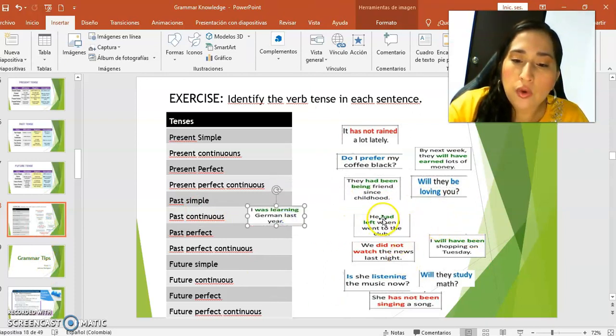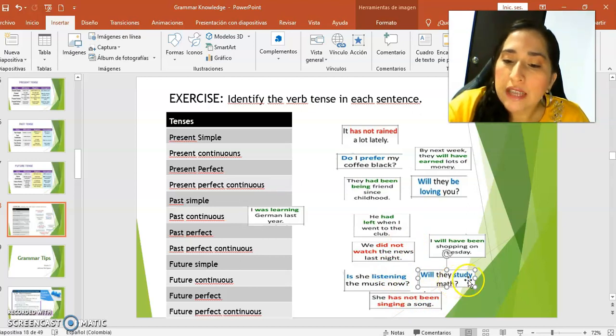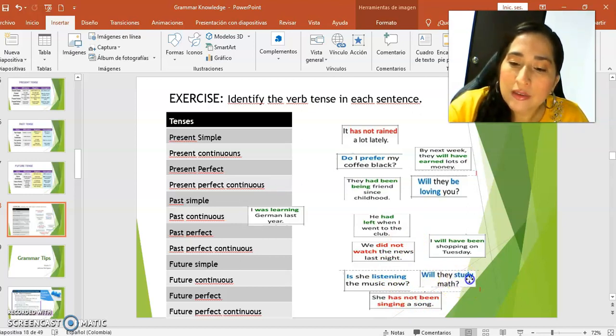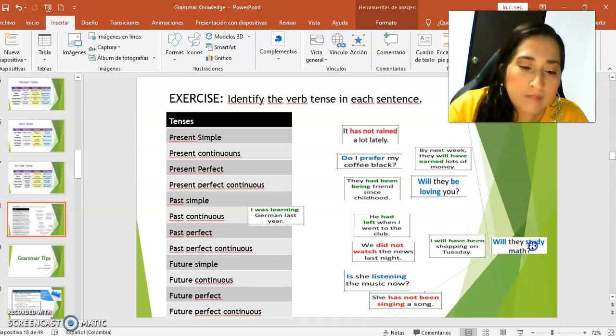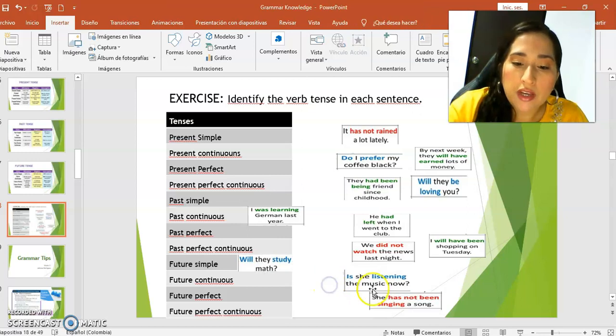Okay. Another. For example, this. Will they study math? That is a question in future simple. Okay. Another. Is she listening to music now?